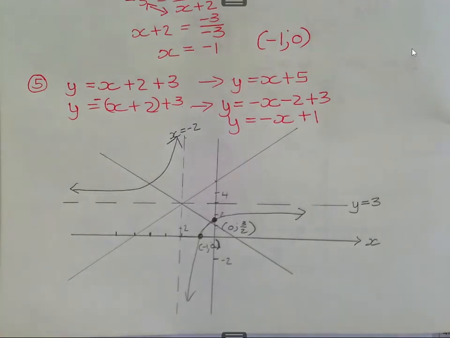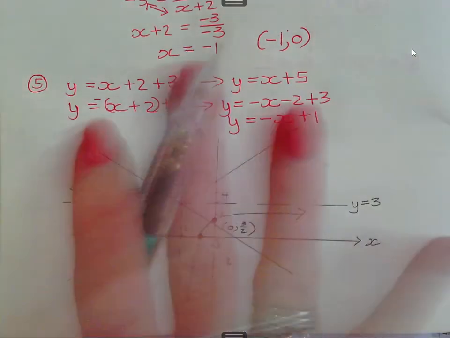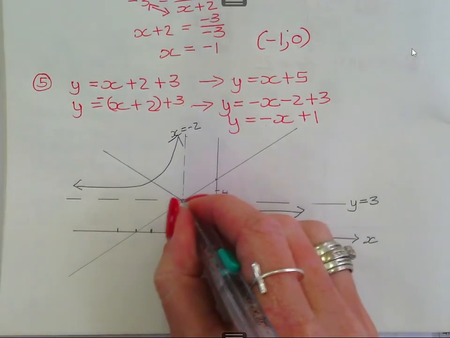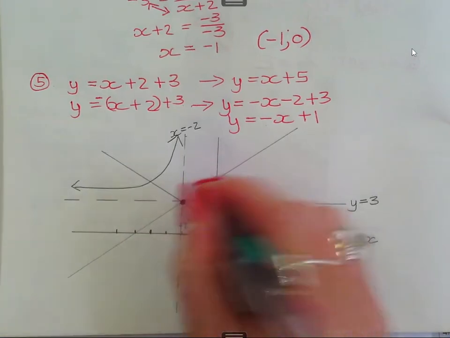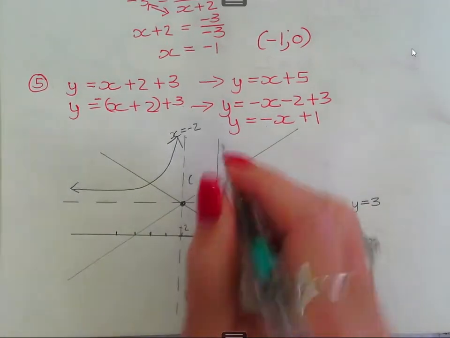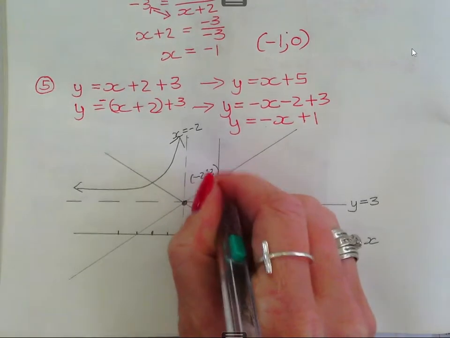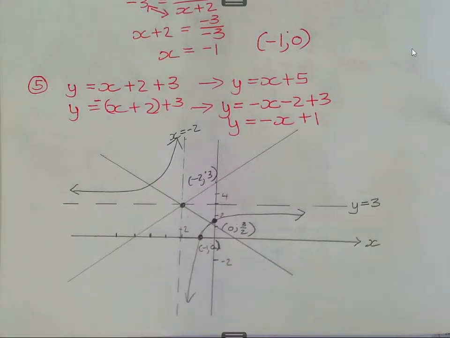Something that I just want to focus your attention on. If I had given you the graph and I give you the value of that coordinate right there, that would be -2 and 3. If I give you that coordinate, listen to what I'm saying.